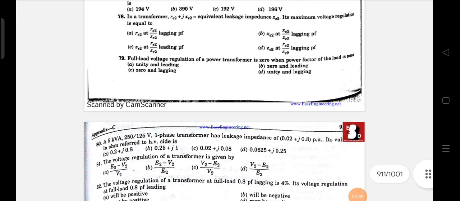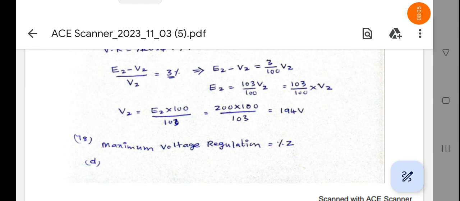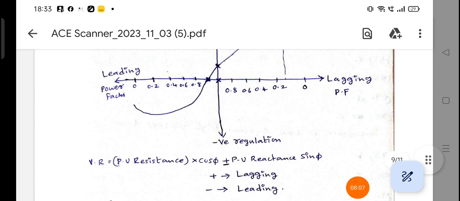Next, 79th question. The full load voltage regulation of a power transformer is 0 when the power factor of the load is near what? Full load voltage regulation is 0. Voltage regulation 0 is possible at leading load. We already know about the voltage regulation curve. Now you can observe this voltage regulation curve.